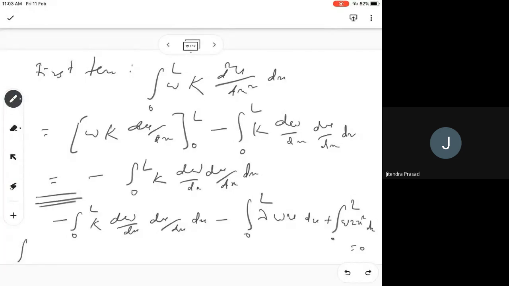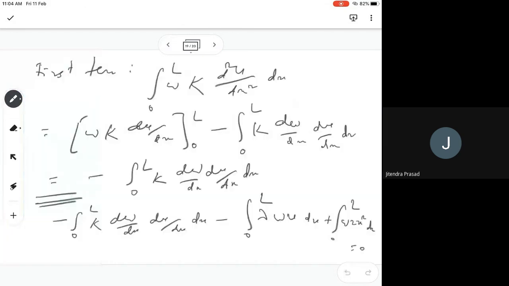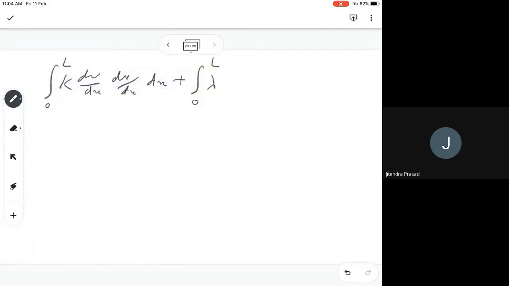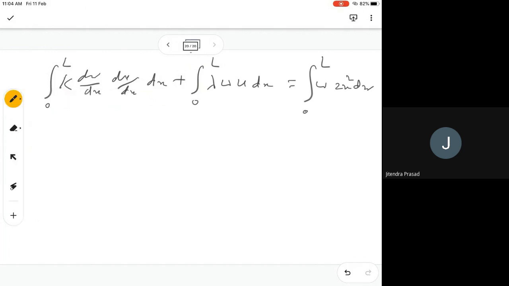If you want to see what the K matrix will be when you solve this problem, you can see we have the integral from 0 to L of kappa dw/dx du/dx dx, plus the integral from 0 to L of lambda w u dx, equal to the integral from 0 to L of w 2x squared dx.